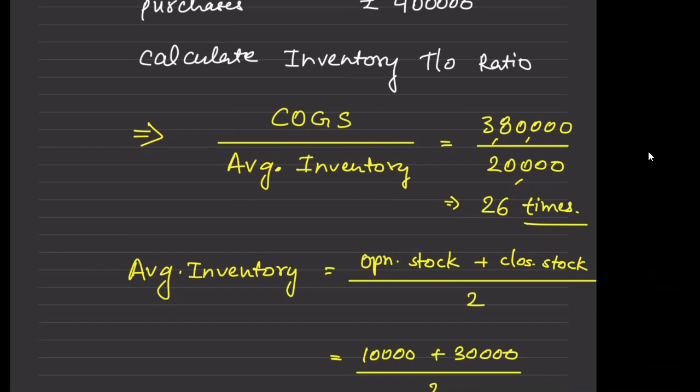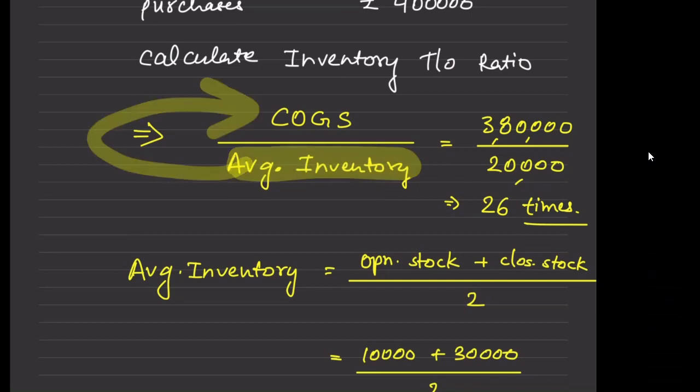This implies that your inventory has converted into sales in the whole year that many times. This ratio is also higher the better. That means your inventories keep on rotating in the business.